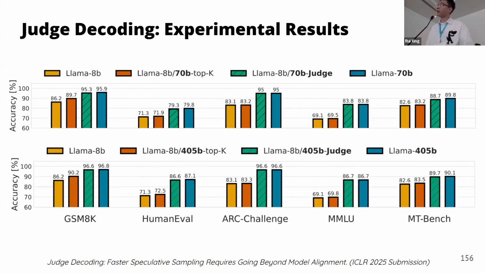Okay, and finally, the authors investigated whether relaxing the requirement in judge decoding influences the output quality. They compare the 70 billion judge decoding with the original 70 billion, where the original means that we conduct the strict requirement.